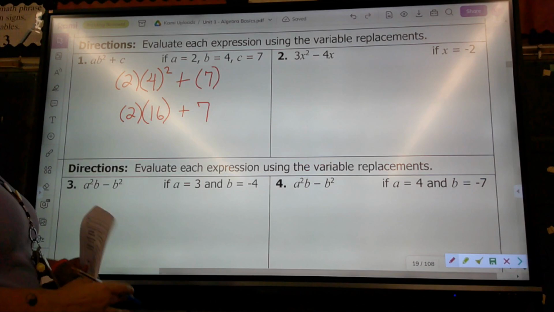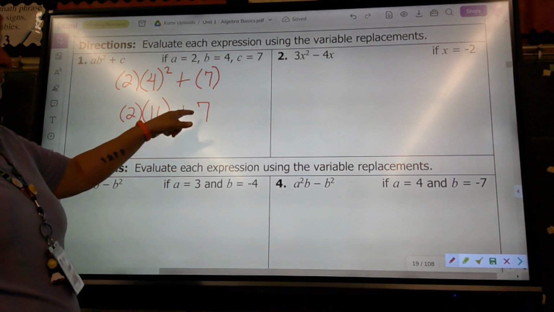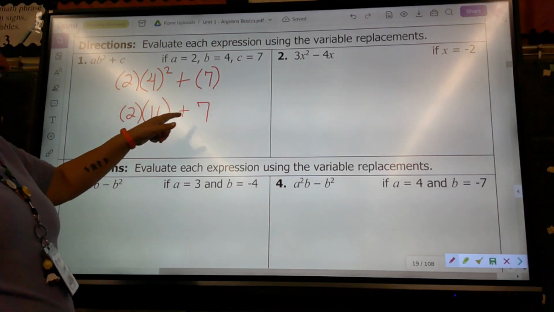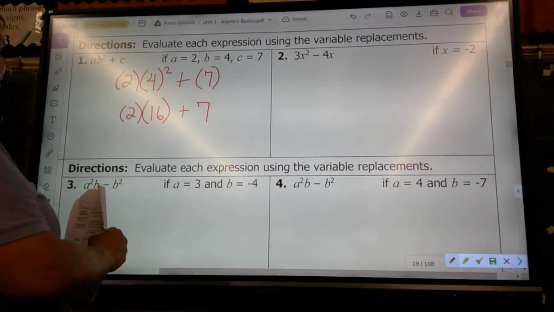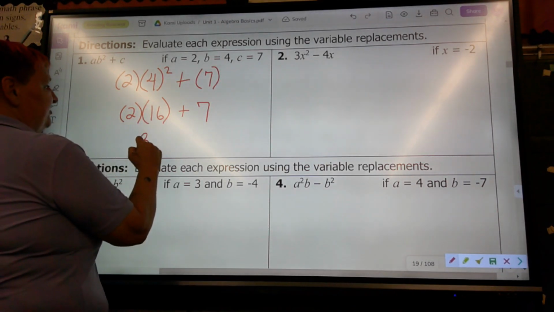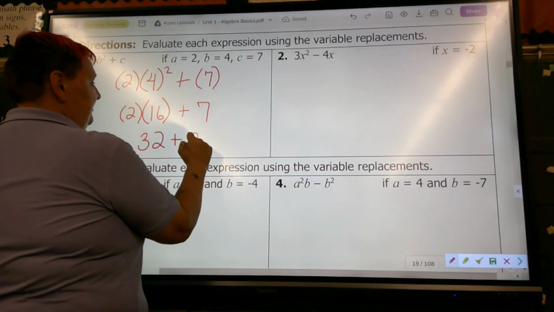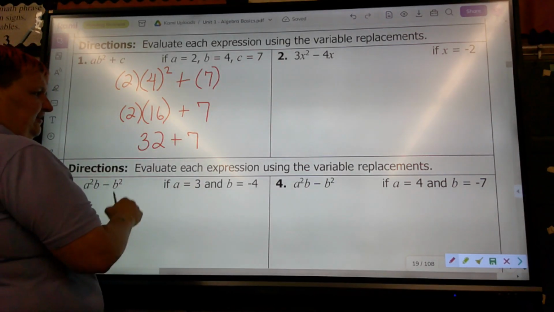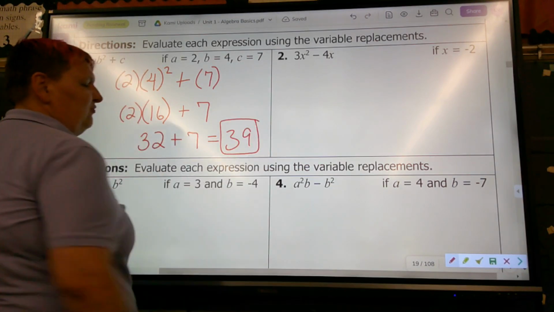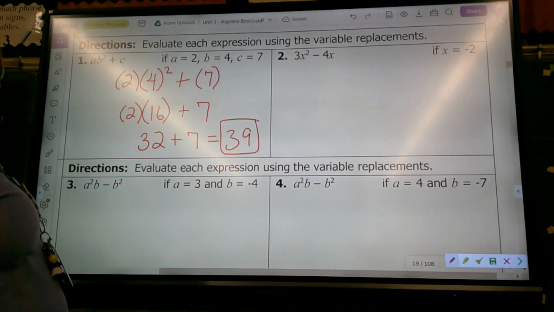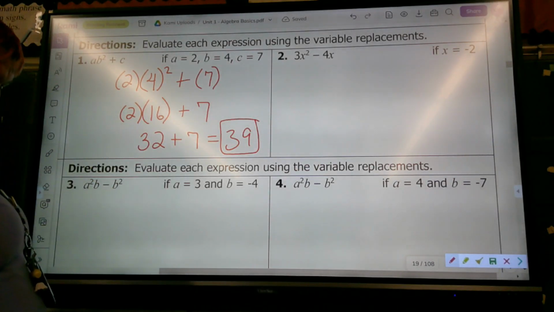Now you see how I left it off this time? I didn't need the parentheses for the 7, but I did need them for the 2 times 16, because we still need to multiply. 2 times 16 is 32, plus 7. Now all the parentheses are gone. 32 and 7 is 39. Bam, just like that, we used substitution property to solve an algebraic expression.